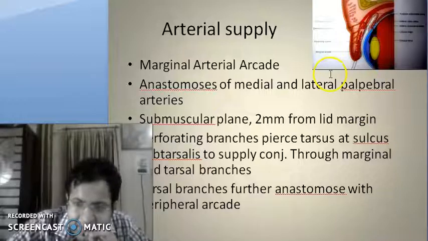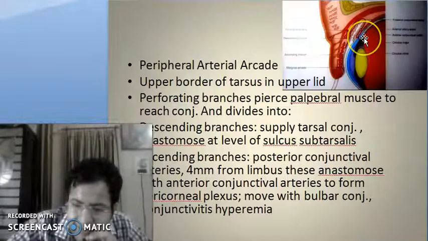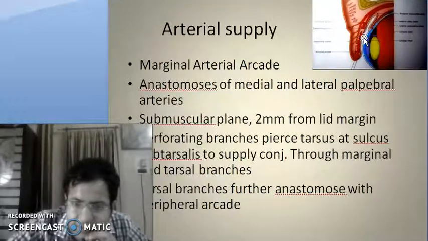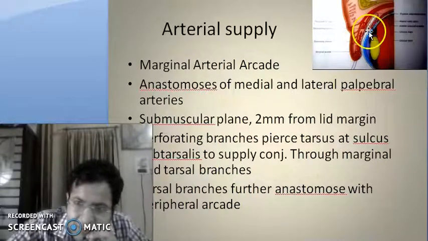And what are the branches of this marginal arterial arcade? They are the marginal branches, which come down, and the tarsal branches. The tarsal branches go upwards and supply the tarsus. The tarsal branches further anastomose with the branches from the peripheral arcade.